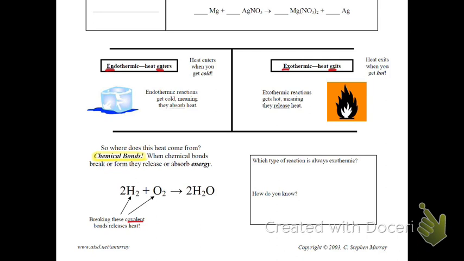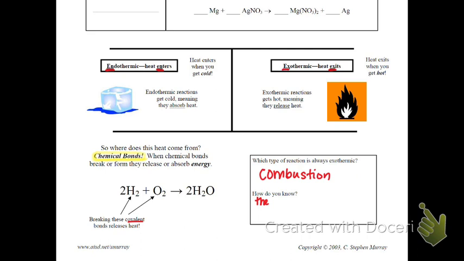So if you look back at your types of reactions, there's one that's always going to feel hot because it's doing what? Releasing the heat. It's combustion. Why is it combustion? Every time something combusts, what is happening? It's burning what? It's burning oxygen.